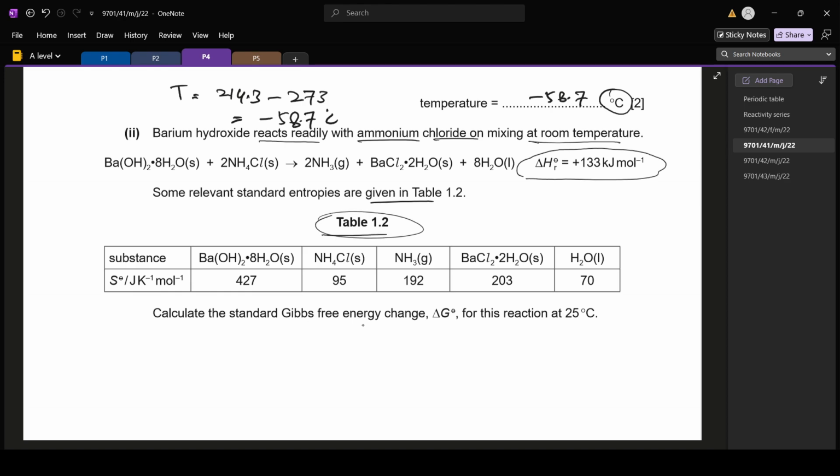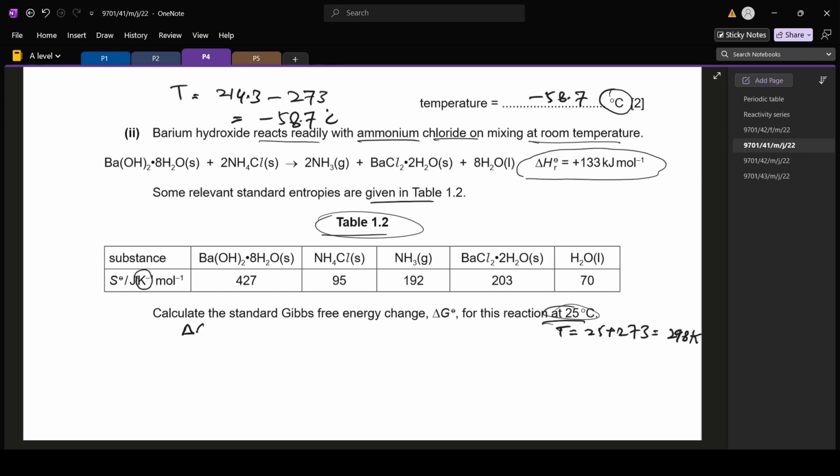Calculate the Gibbs free energy for this reaction at 25 degrees Celsius. You can see that the entropy is in Kelvin, so firstly convert this temperature into Kelvin. This is going to be 25 plus 273, which is 298 Kelvin.